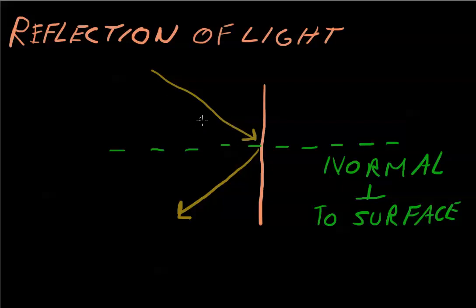So the incoming ray, we can measure the angle from the ray to the normal, and that's the incident ray, and then we can measure this angle, and that's the reflected. And what this is telling us, the angle of incidence equals the angle of reflection.